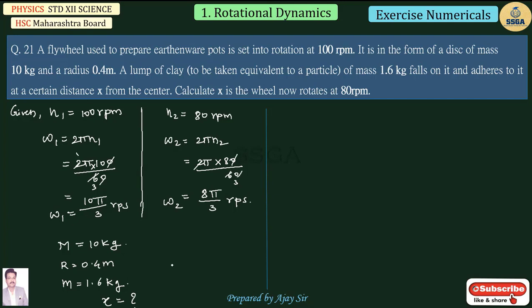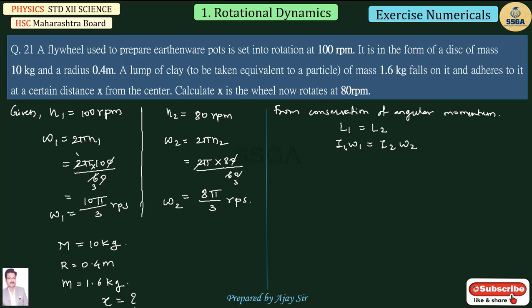So therefore, from conservation of angular momentum, initial angular momentum is equal to final angular momentum. L1 is equal to L2. So L1, which is equal to I1 omega 1, is equal to I2 omega 2.